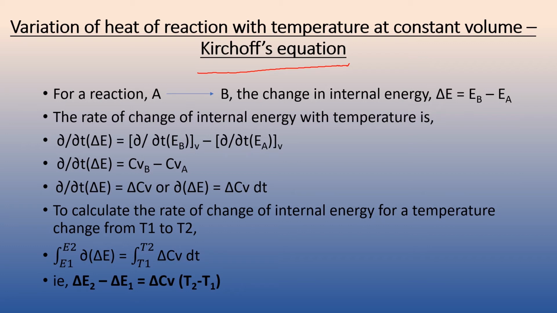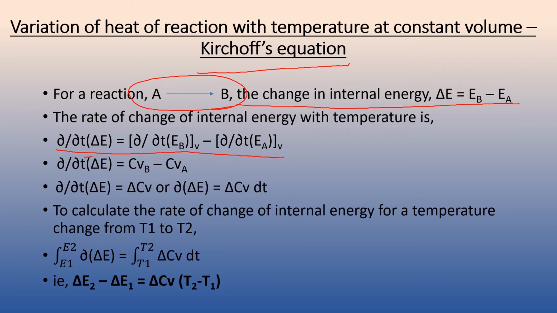For this, let's take a general reaction of the type A giving B, and the change in internal energy for this is delta E equals E of B minus E of A. We can write the rate of change of internal energy with temperature, a small change. So we write del by del T of delta E equals del by del T of EB minus del by del T of EA at constant volume.